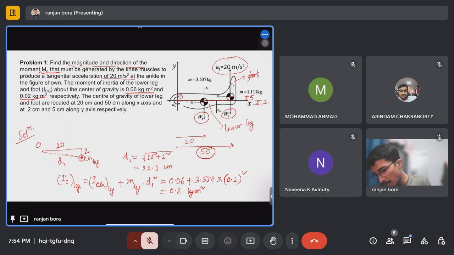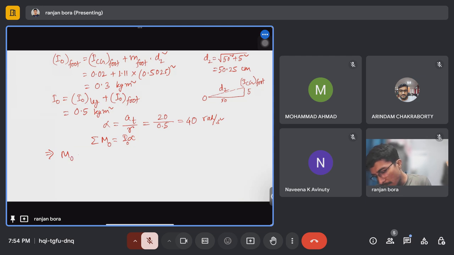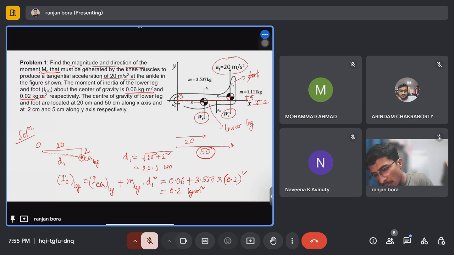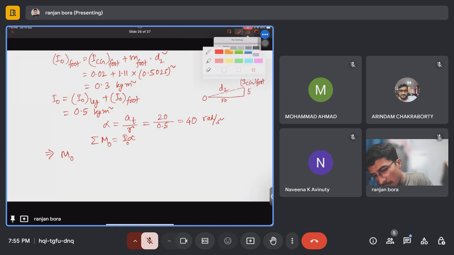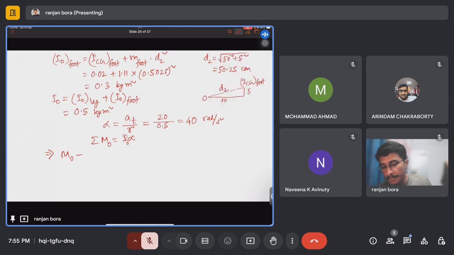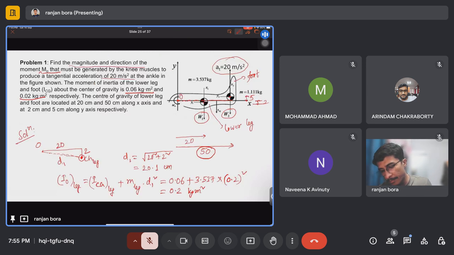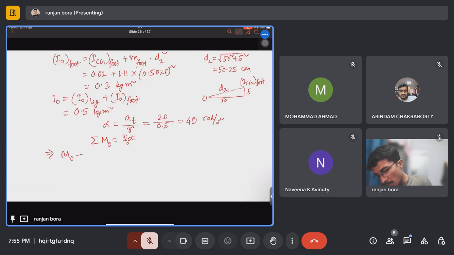So it will be M0 plus, sorry, it is positive, and the moment due to this weight W1 will be negative because it is in clockwise direction with respect to point O, and it will be W1 multiplied by Z. W1 is, sorry, it will be M1 multiplied by Z.